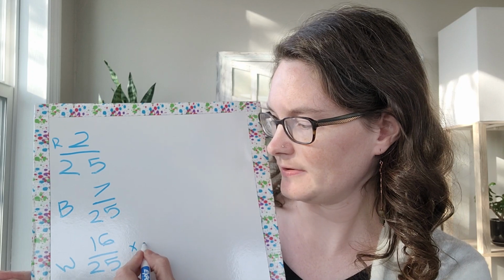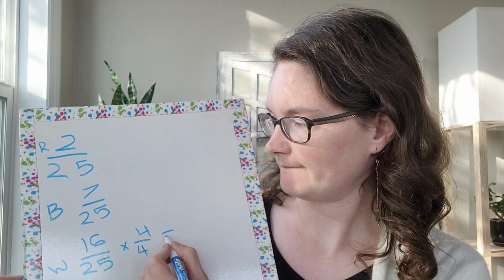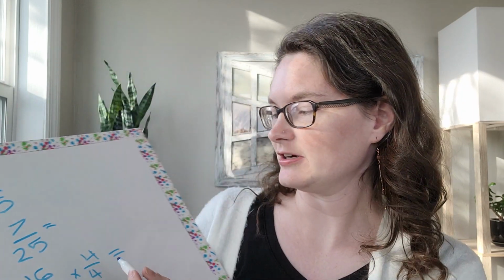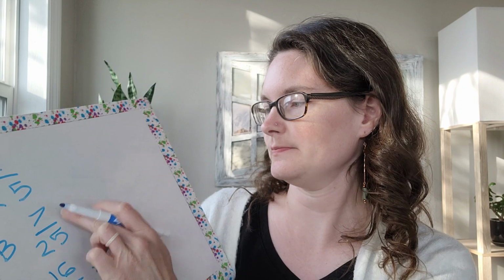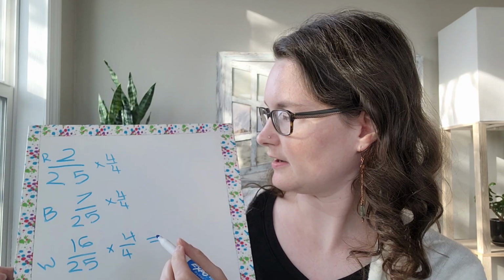Okay, and so an easy way to estimate what the actual distribution is, I'm just going to multiply each one by 4. That way we're going to get our bottom number to be 100. And that's just going to give us an estimate of what our answer will be.